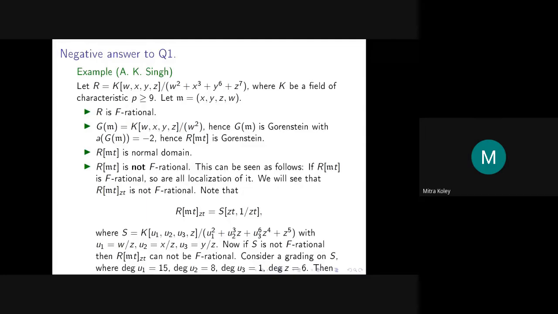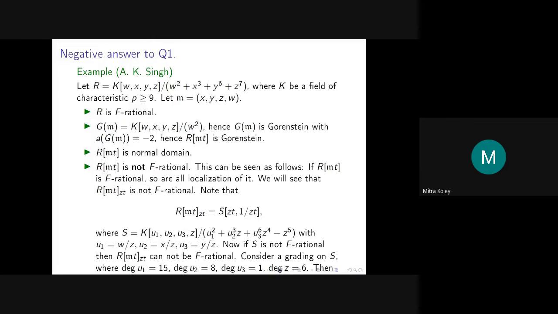This can be seen as follows. If R[Mt] is F-rational, so are all localizations of it. And then we'll see that R[Mt] localized at the element Zt is not F-rational.